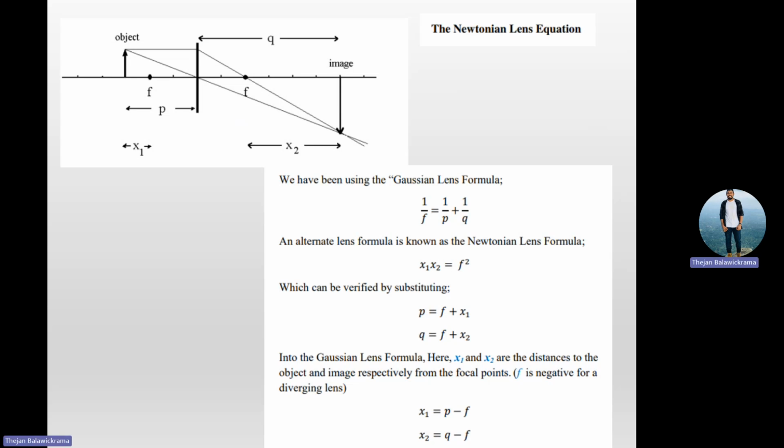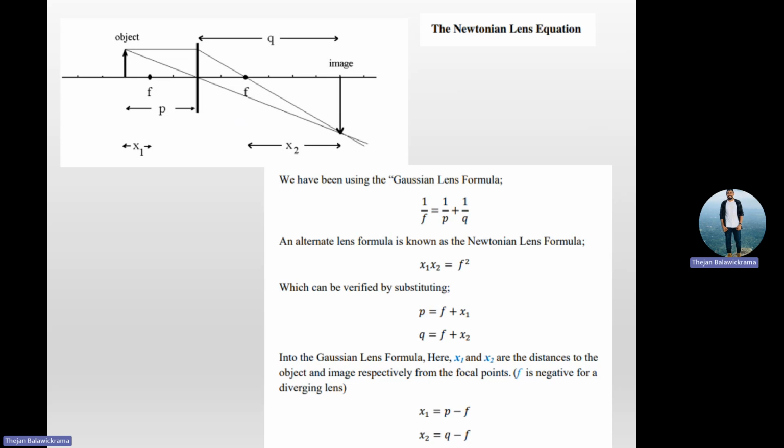Now we are using the Cartesian lens formula. In the Cartesian lens formula it is 1/v minus 1/u, whereas the Gaussian lens formula makes it a plus. So this is the given data. What we are trying to do is substitute P and Q, how can we measure this?